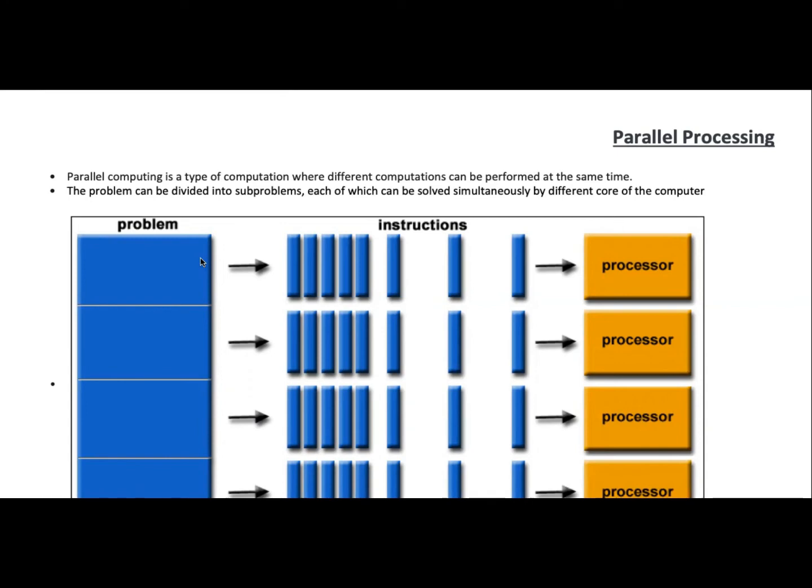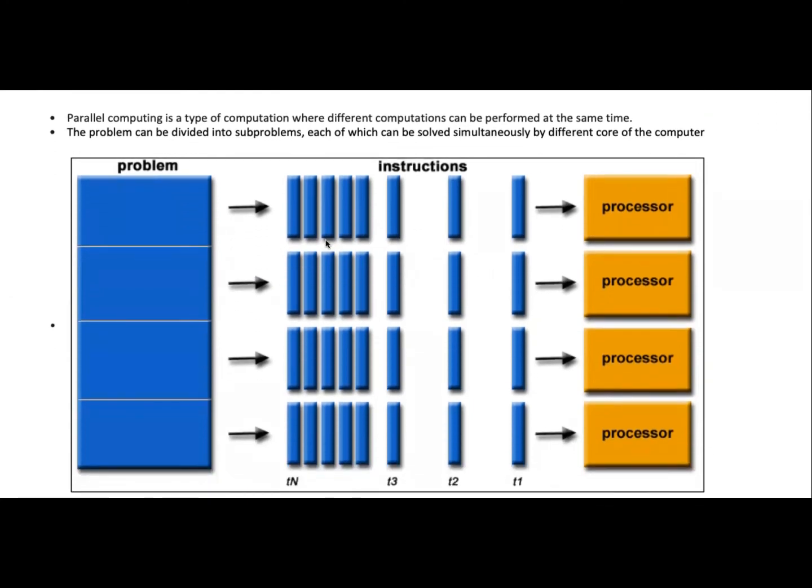When the problem can be divided into sub problems, the cores of the CPU can execute those statements simultaneously. As you can see, these statements are executed sequentially in this unit, but if we compare, these statements are executing in parallel while these are sequential.